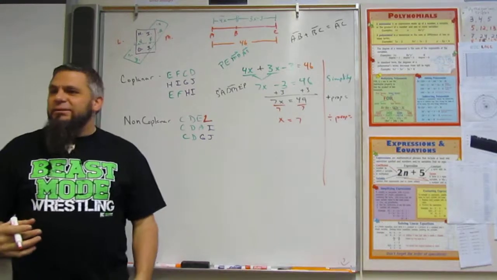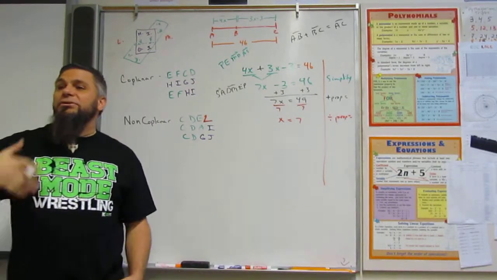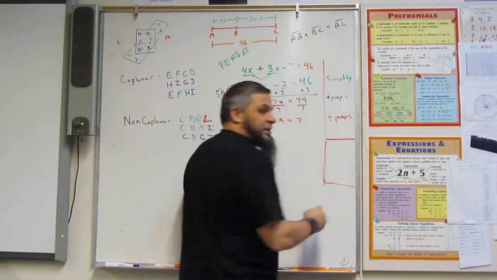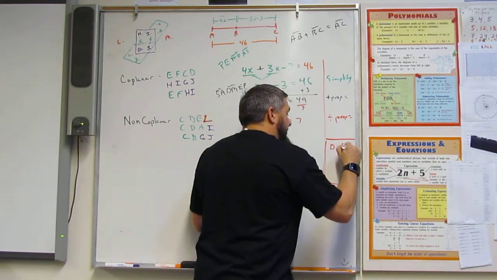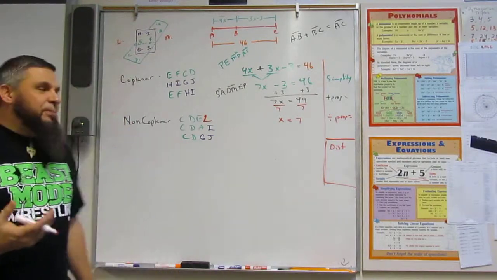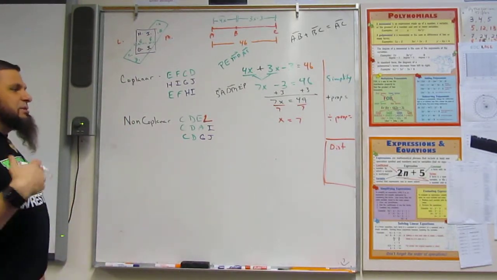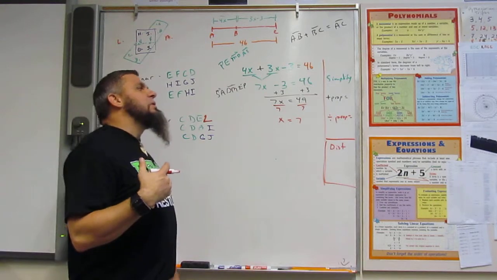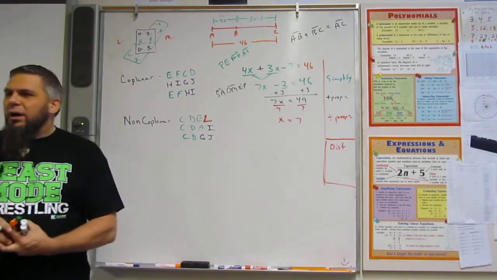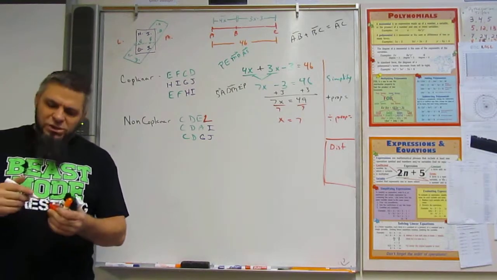Don't forget some things you may want in your cheat sheet, some of the other things. Distributive, that's a big one. Simplifying, distributive, addition, subtraction, division. That's pretty much everything we do in geometry.